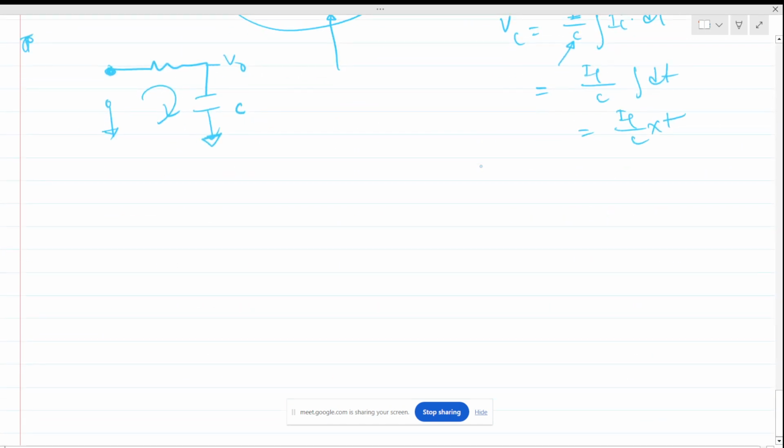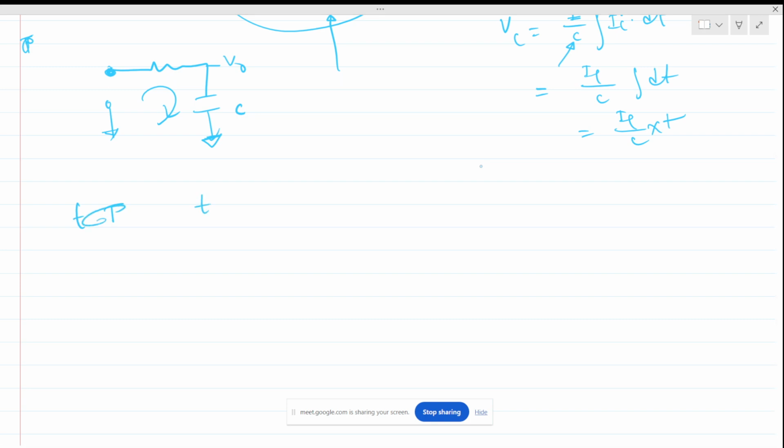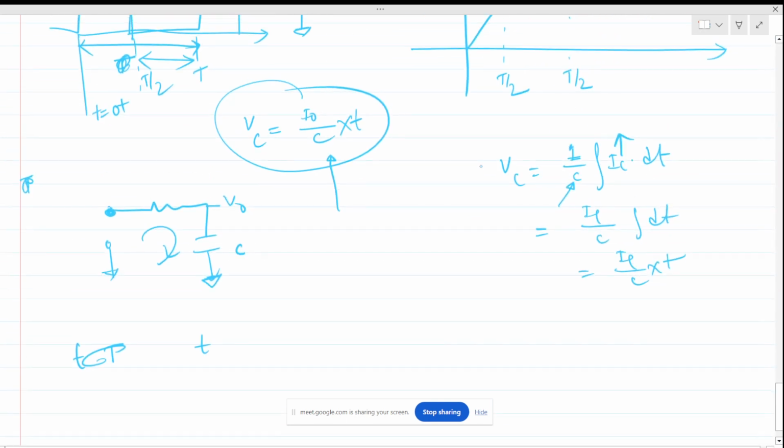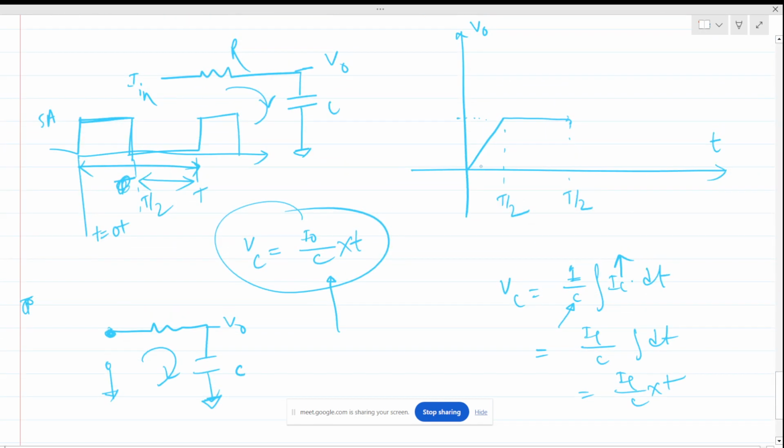Now, what will be the case at 3t by 2? This will be nothing but t plus t by 2, so this will be 3t by 2, this point.